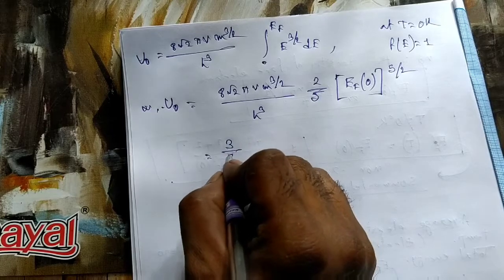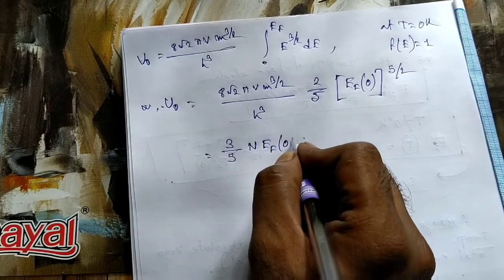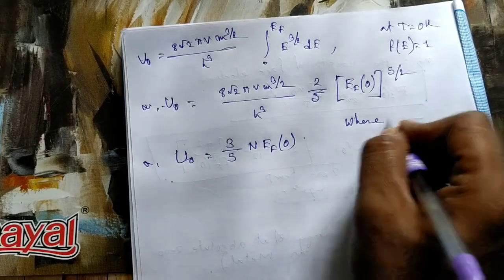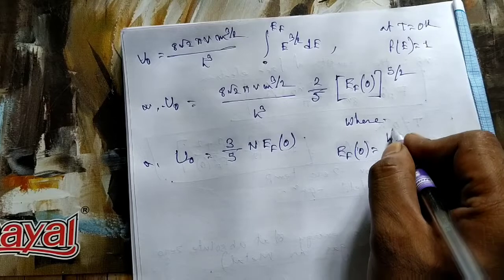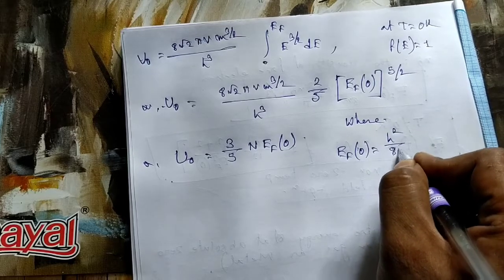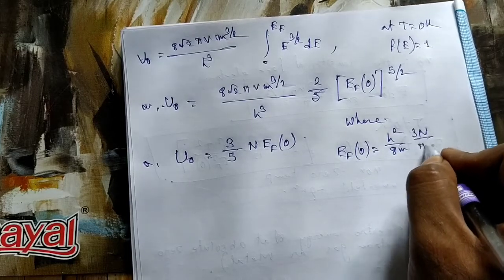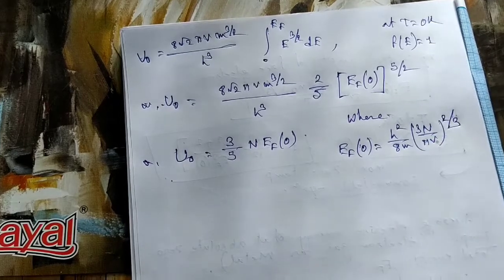We can rewrite this equation as N EF0, where we already know EF0 is h square by 8m times 3N by pi V to the power 2 by 3.